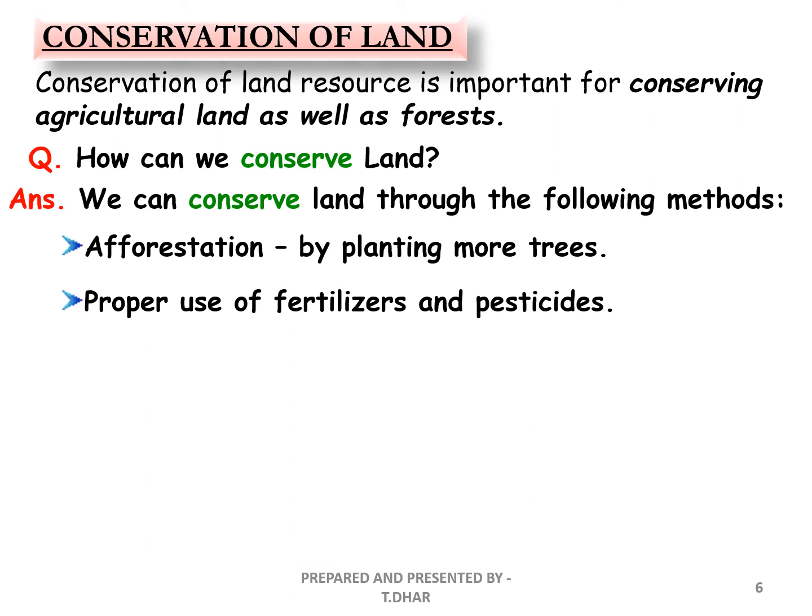So we should use these things very carefully so that we can conserve the land for future use.